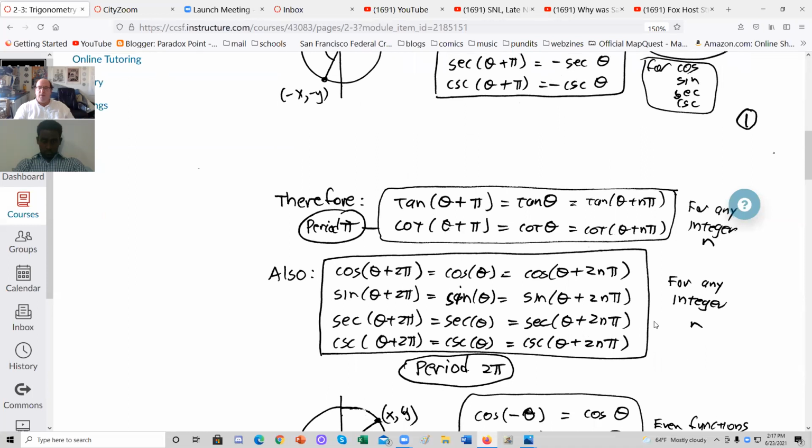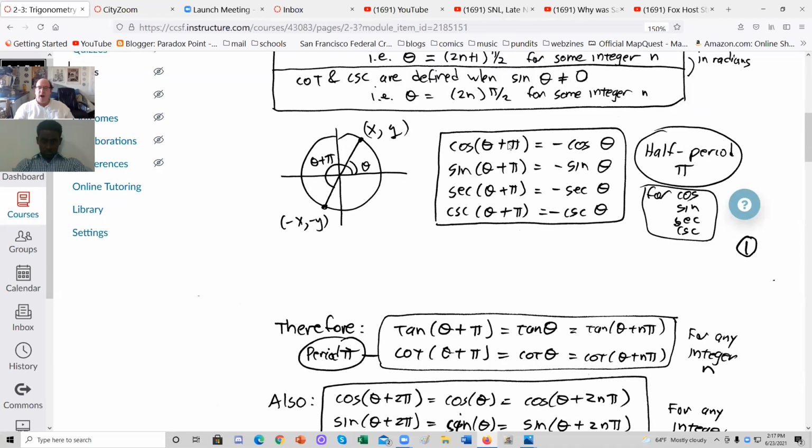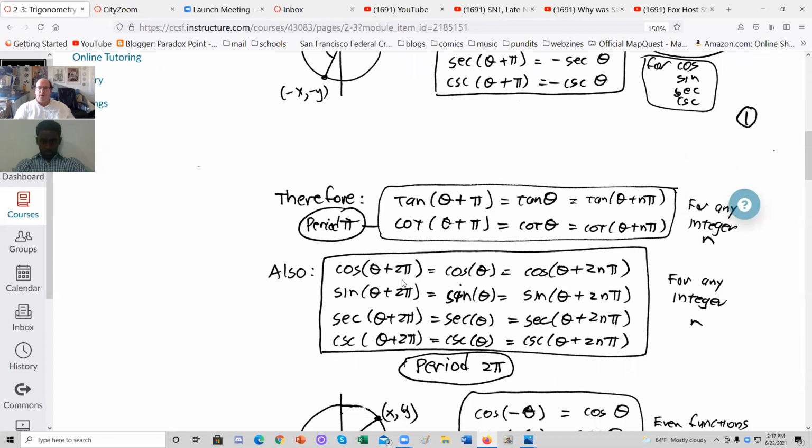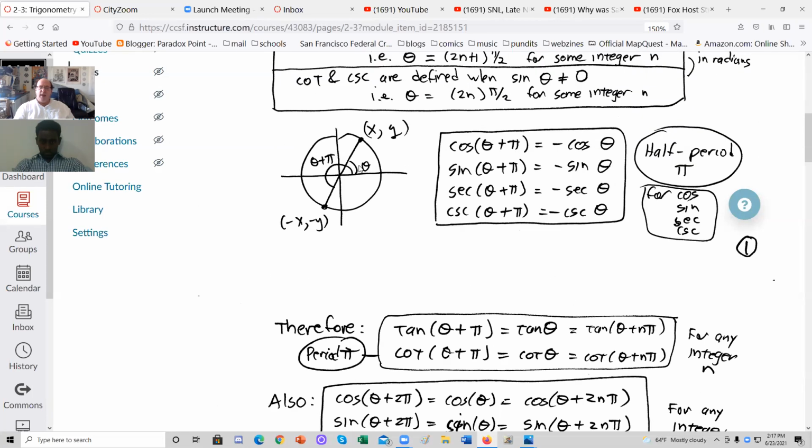Now, if instead of adding pi radians, we add 2 pi radians, then this flips, and this flips, and this flips, and this flips twice. Therefore, you wind up back with cos theta. So cosine of theta plus 2 pi is cos theta, sine of theta plus 2 pi is sine theta, secant of theta plus 2 pi is sec theta, cosecant of theta plus 2 pi is cosec theta. Period 2 pi. And that should make sense because if you add 2 pi radians, you wind up back where you started.